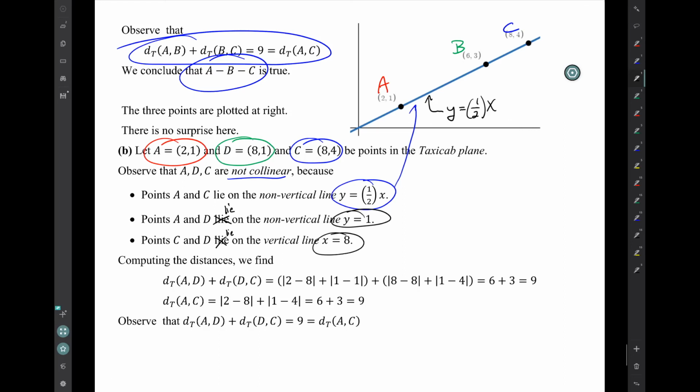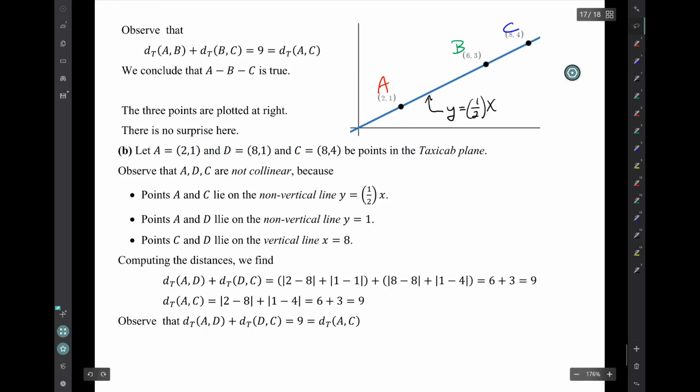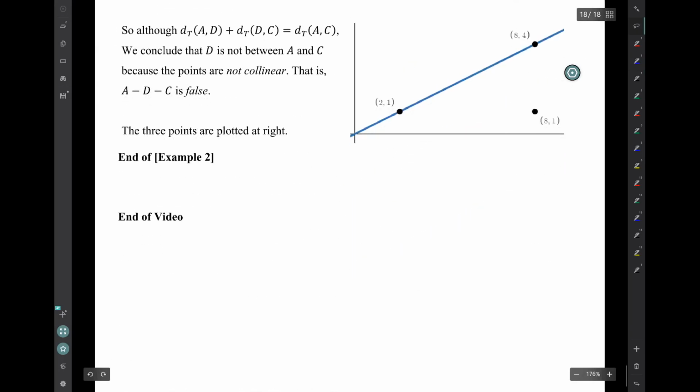So those points are not collinear. Even so, when we compute the distances, we find that the distance from A to D plus the distance from D to C is 9. And that's the same as the distance from A to C. So the distances add up. But those points are not collinear. Since those points are not collinear, we say that ADC is false.